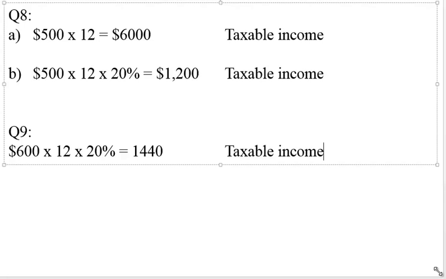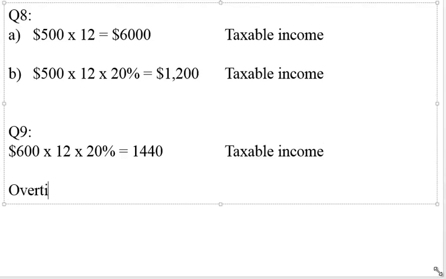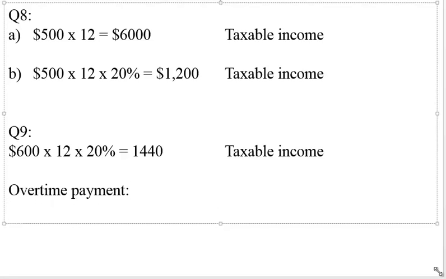Okay, then you have the overtime. Now you have this overtime payment. A lot of small adjustments. Okay, overtime. What is overtime? Payment means it should be your transport and food. So is it taxable or not? It used to be taxable, but now it's not taxable, provided you meet some criteria.